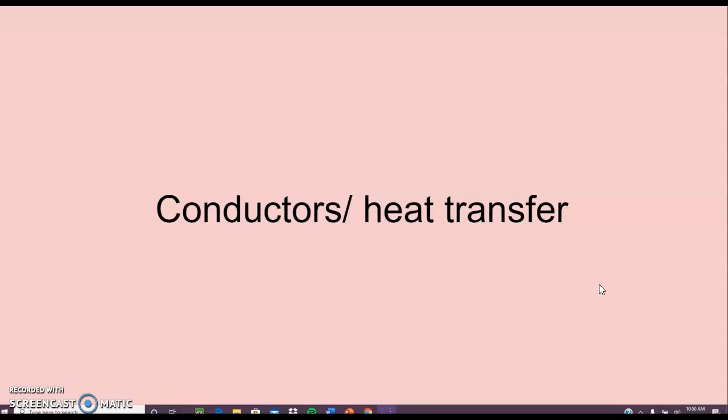All right, one more thing. Let's talk about certain objects that are helpful in transferring this energy. So we have conduction, convection, and radiation, right? There are certain objects that we can use to help this energy transfer or to prevent it.